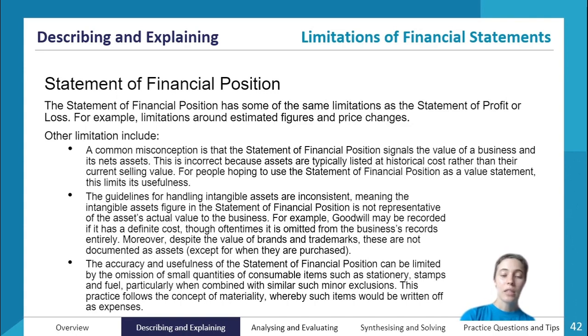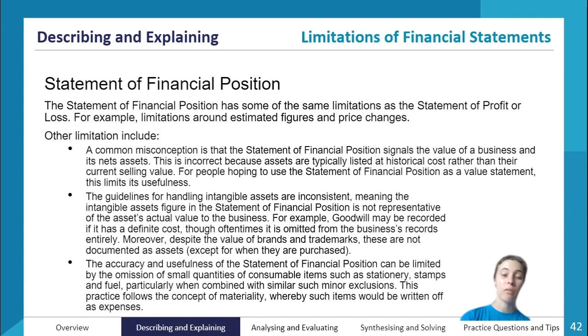Now, the guidelines for handling intangible assets are inconsistent. So the intangible assets figure in the statement of financial position is not necessarily representative of the asset's actual value to the business. So, for example, goodwill is not necessarily recorded.